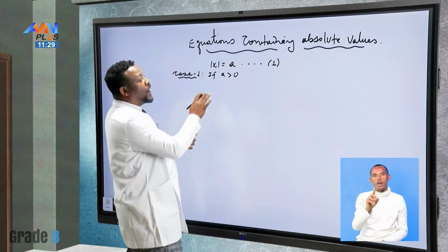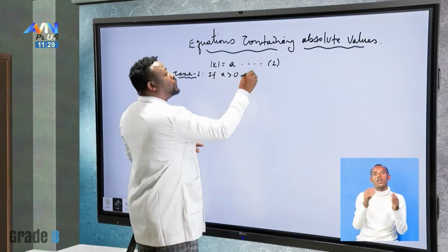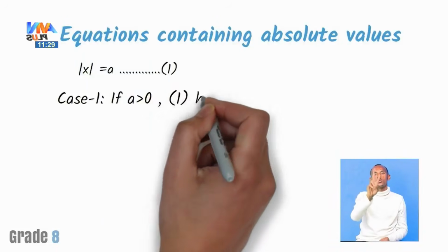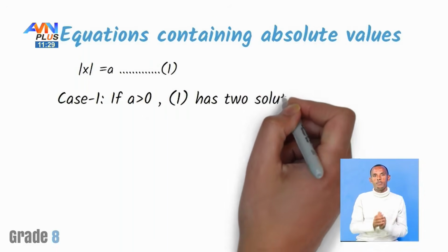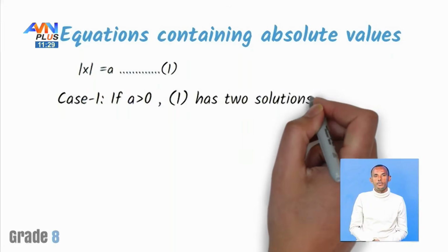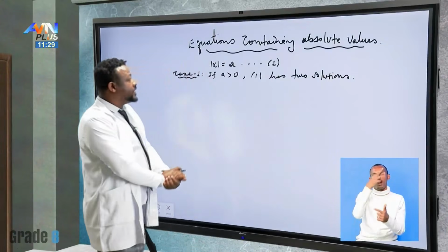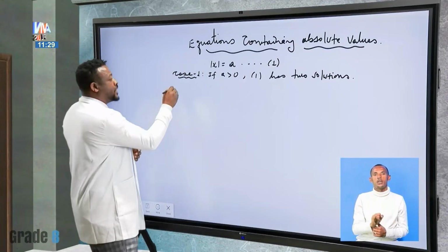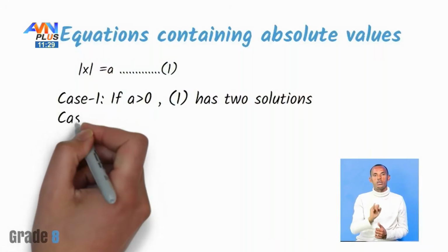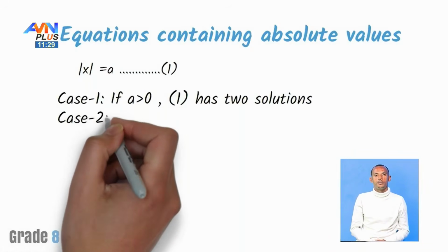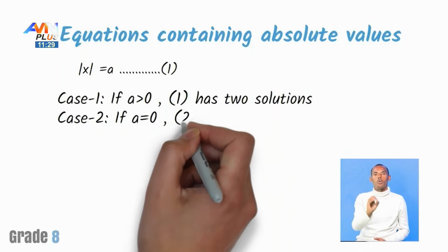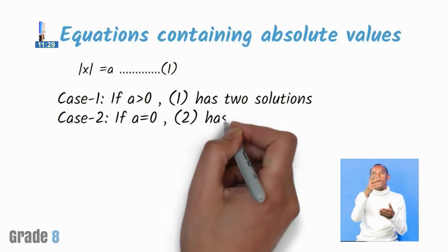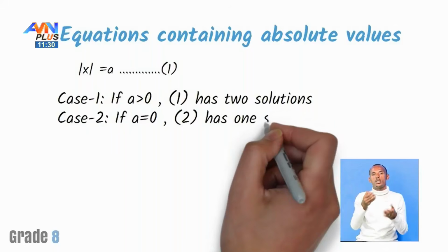If a is positive, equation 1 will have two solutions. The second case is if a is 0, equation 1 will have one solution.